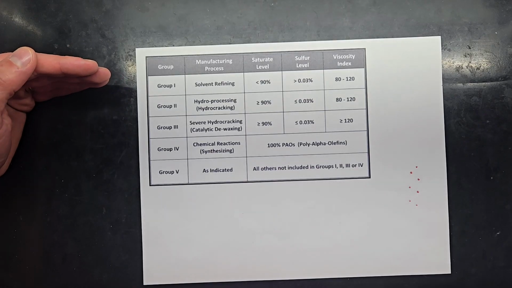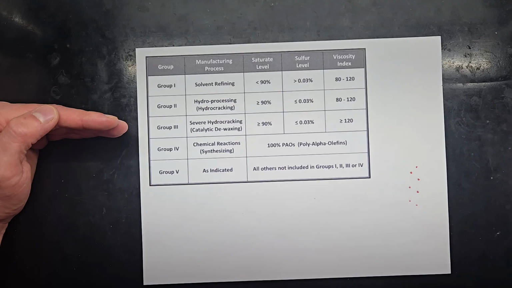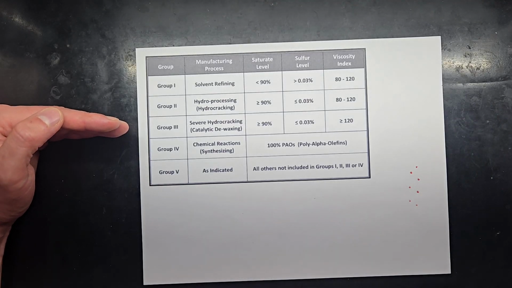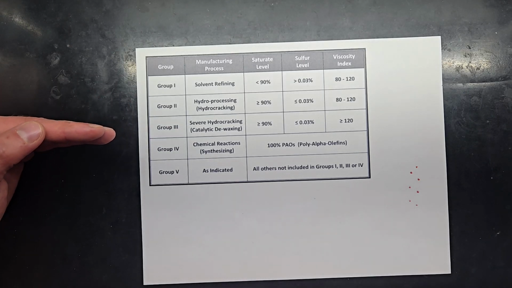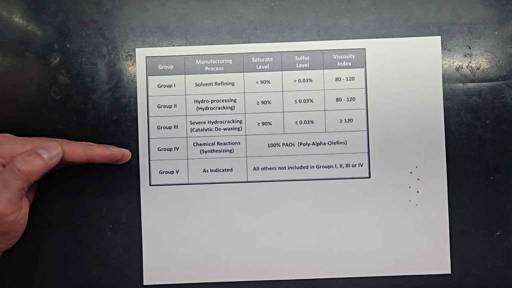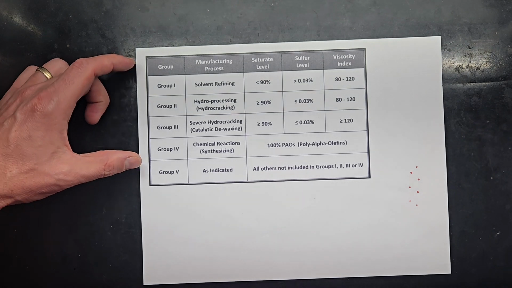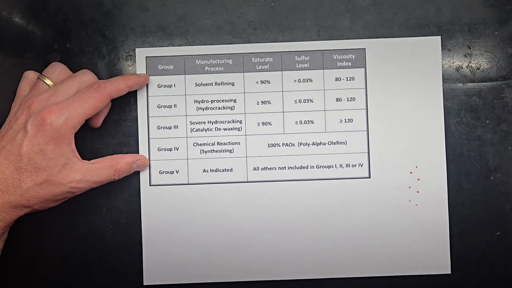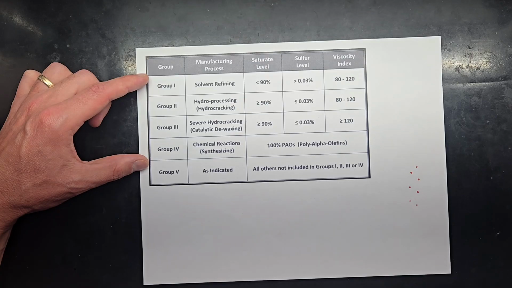And then as we've progressed and learned more about the refining process and how to get the properties out of the crude oil that we want, we've progressed from group 2 to group 3 and then a fully synthetic PAO. What's also important to understand as we transition from a group 1 to a group 4 is what's actually changing.